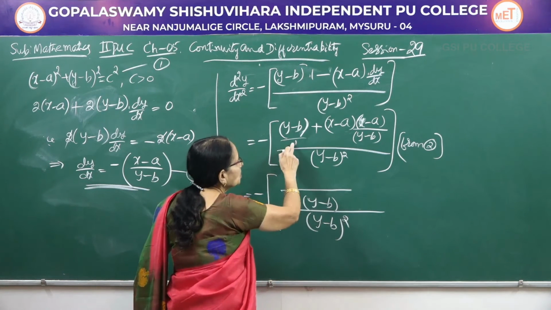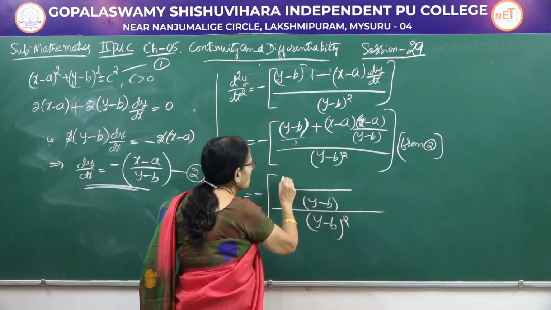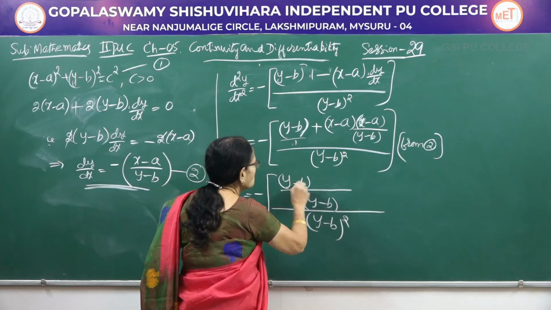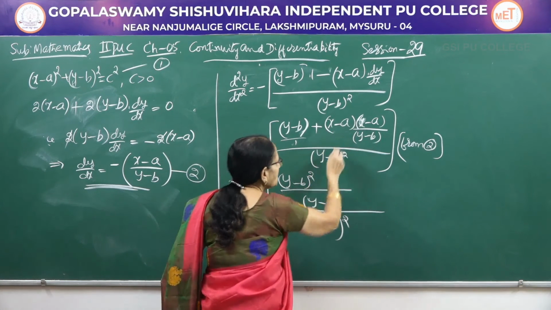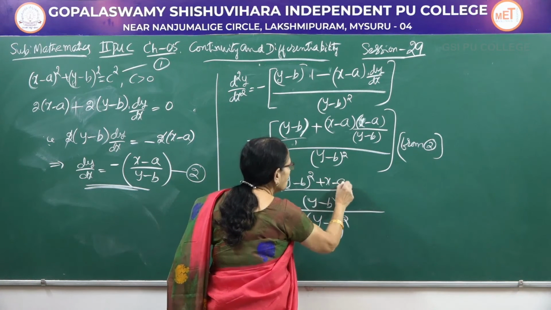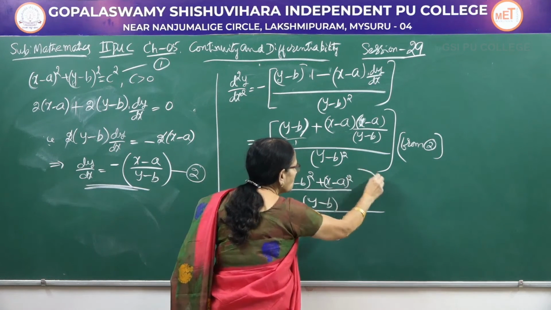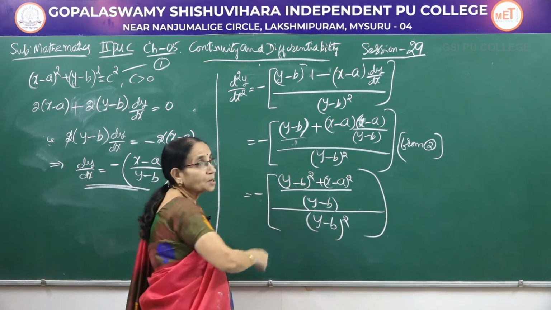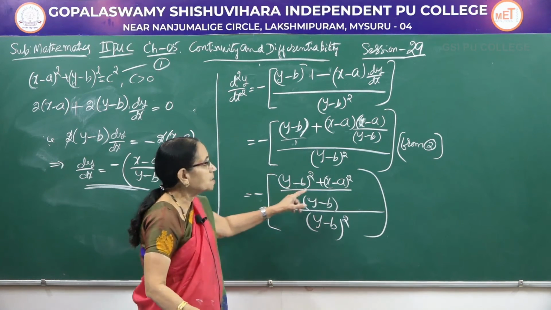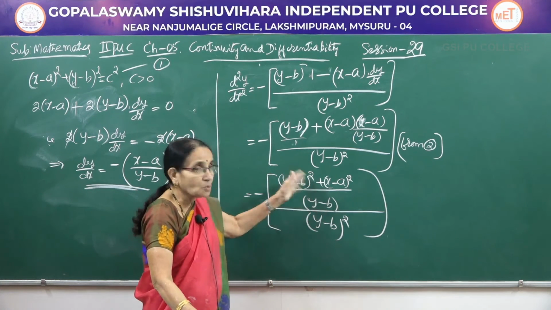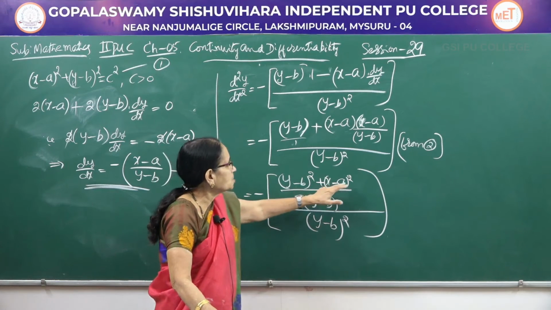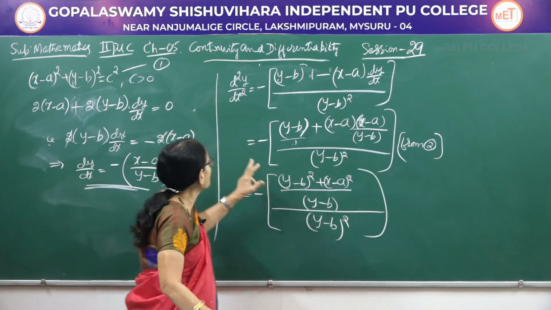Write a line. See 1 y minus b into y minus b, it is y minus b the whole square. X minus a into x minus a, that is x minus a the whole square. I am having this minus sign outside as it is. Look at the numerator of the numerator. X minus a whole square plus y minus b whole square.